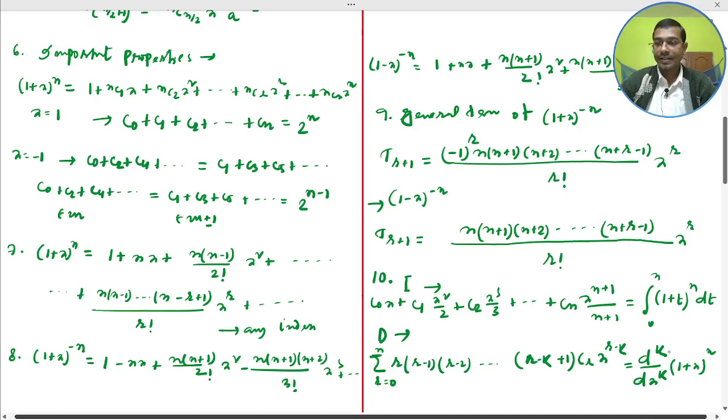I say one thing: the pronunciation here would be ddx, not d by dx. Basically ddx is an operator defined as capital D. So you just pronounce d^k dx^k, or d² dx², not d by dx, only ddx. These are two important formulas, one for integration and one for differentiation. This would be very helpful for your JEE Advanced previous year questions.